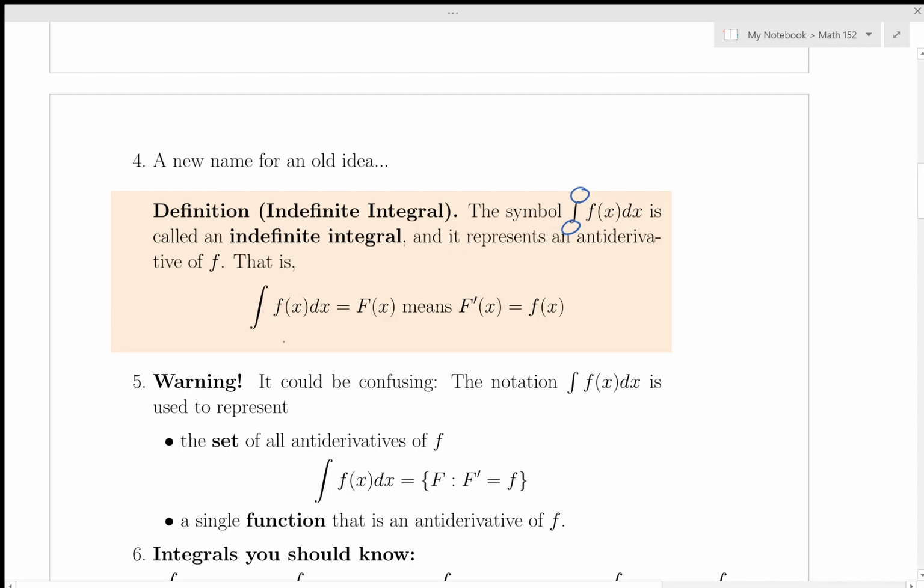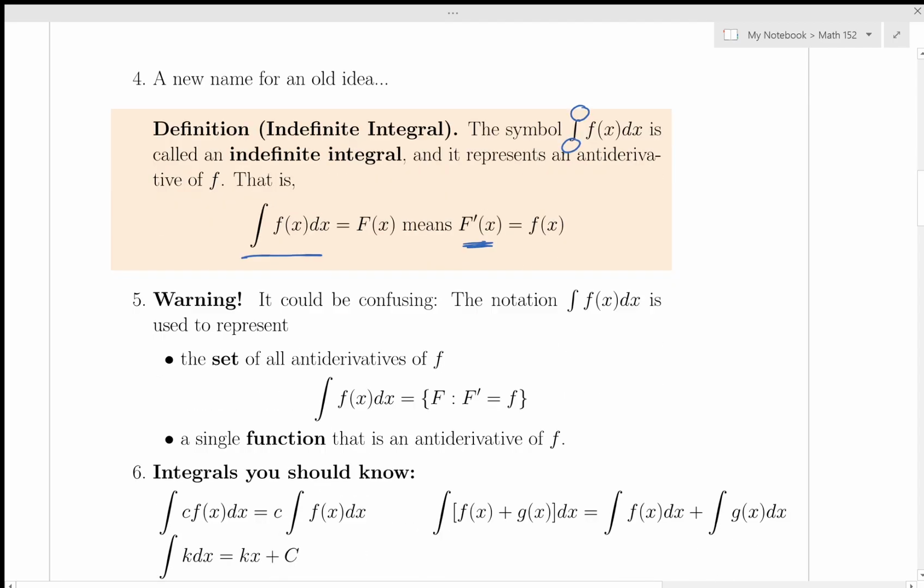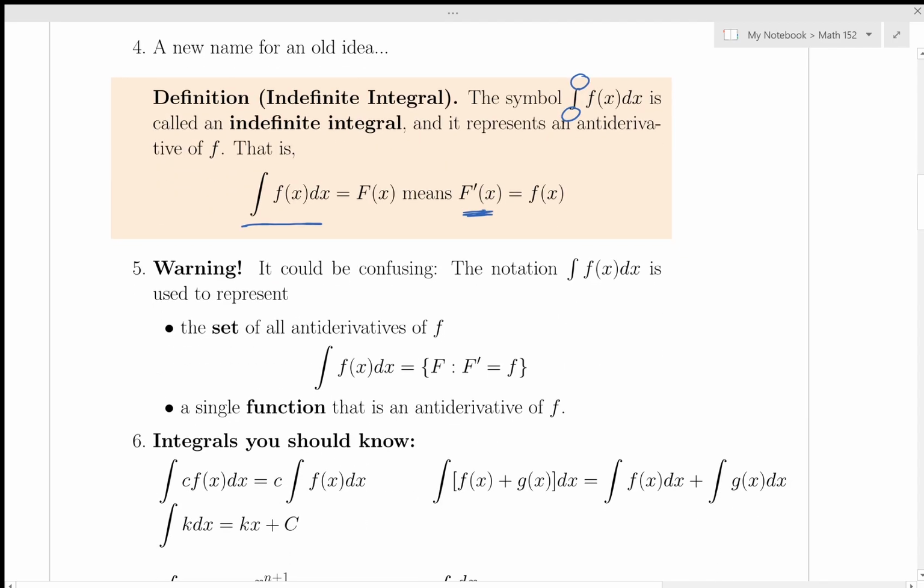So if we say the indefinite integral of f(x) dx, of little f(x) dx, is equal to some other function, capital F(x), with the understanding that this capital F(x), when I take its derivative, I will get back the little f(x). Okay, so we have to be a little bit careful not to confuse ourselves.